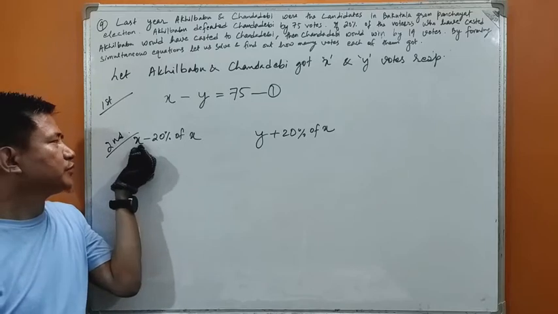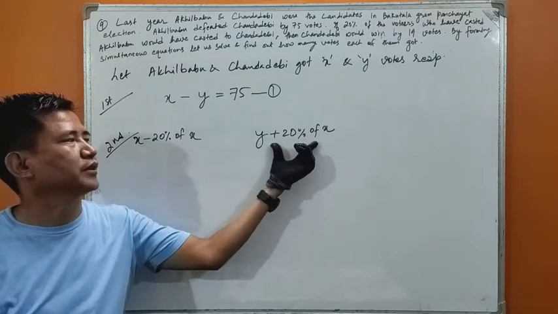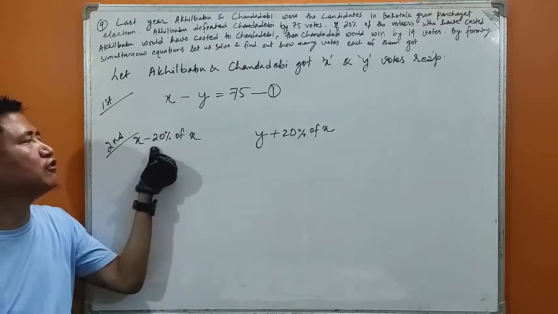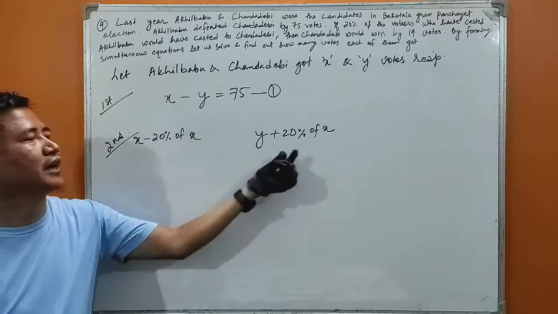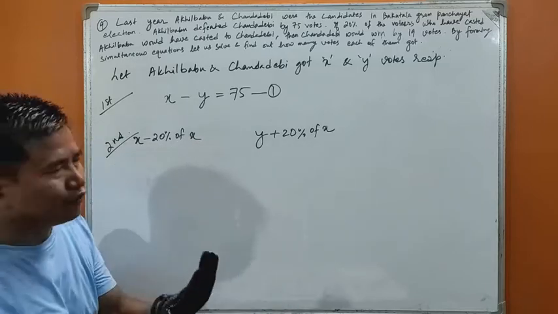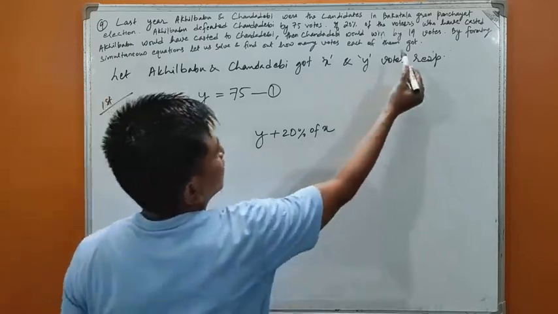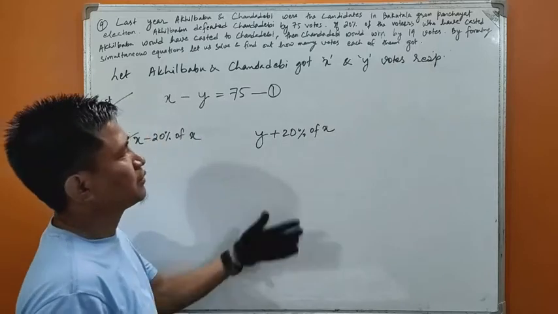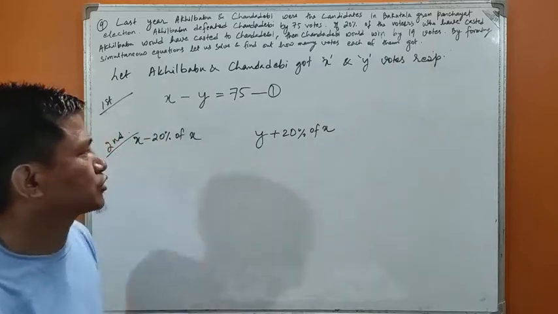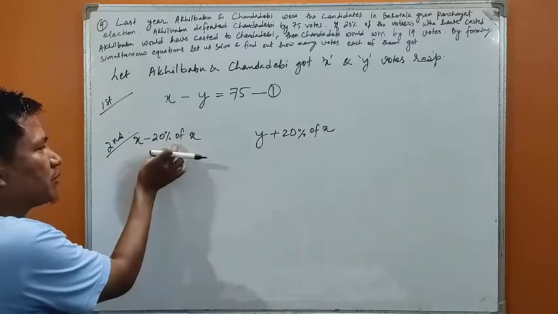But from this X vote, 20% of his vote is added to Chanda Devi. That means he will lose 20% of votes. X minus 20%. He will lose this many votes, which are being added here. Now in this condition, Chanda Devi won by how many votes? 19 votes. If this would have been the condition, Chanda Devi would win the election by 19 votes, which means this whole number is greater than this number by how much?